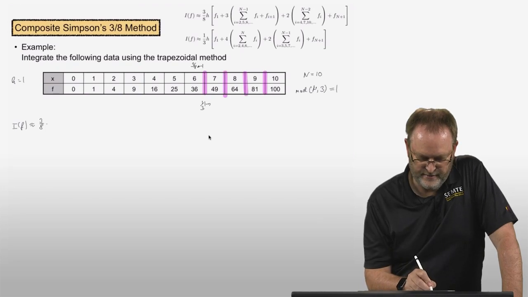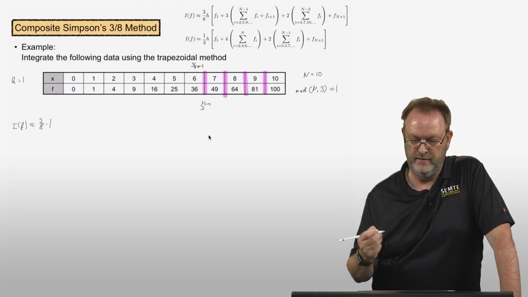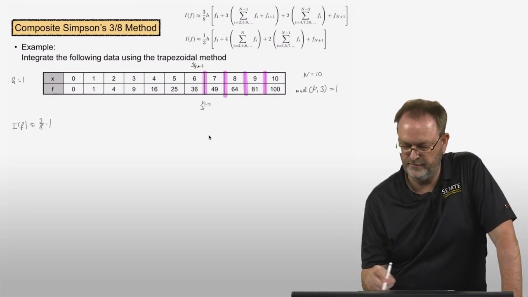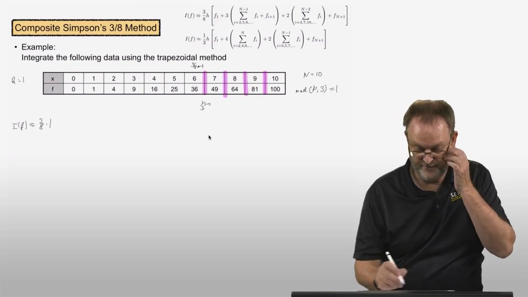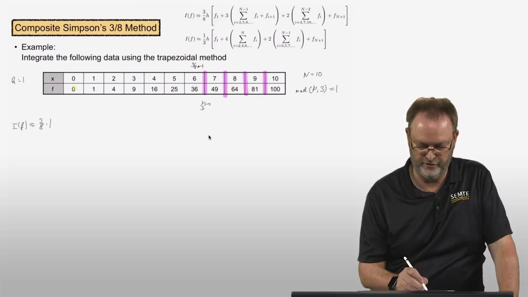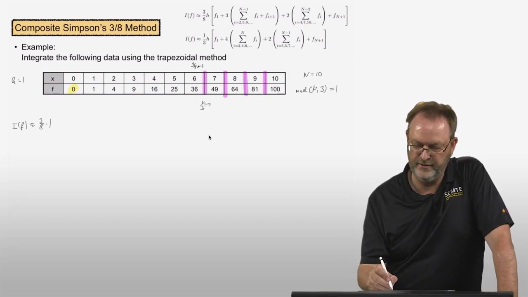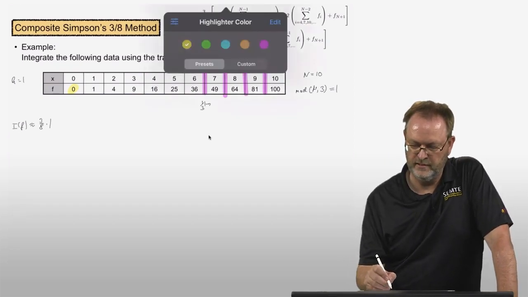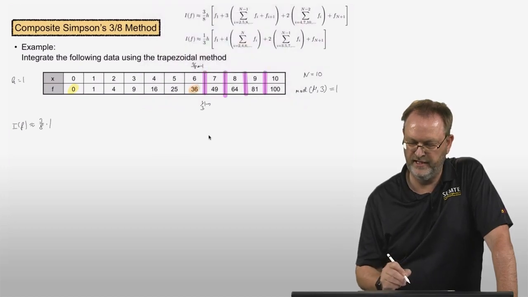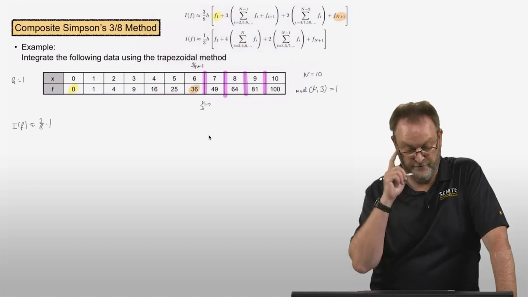So 3/8 times 1 times, here is the 3/8 formula. So I have to start out with the first value. It's the one over here. And the last value is the one over here. So that's the last value. This is the first value.